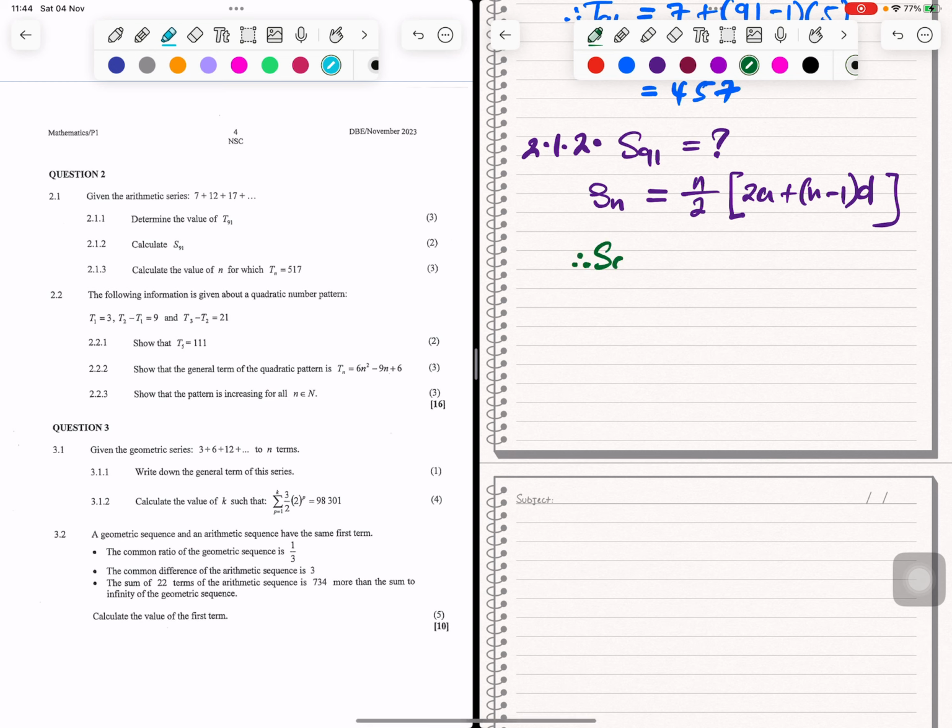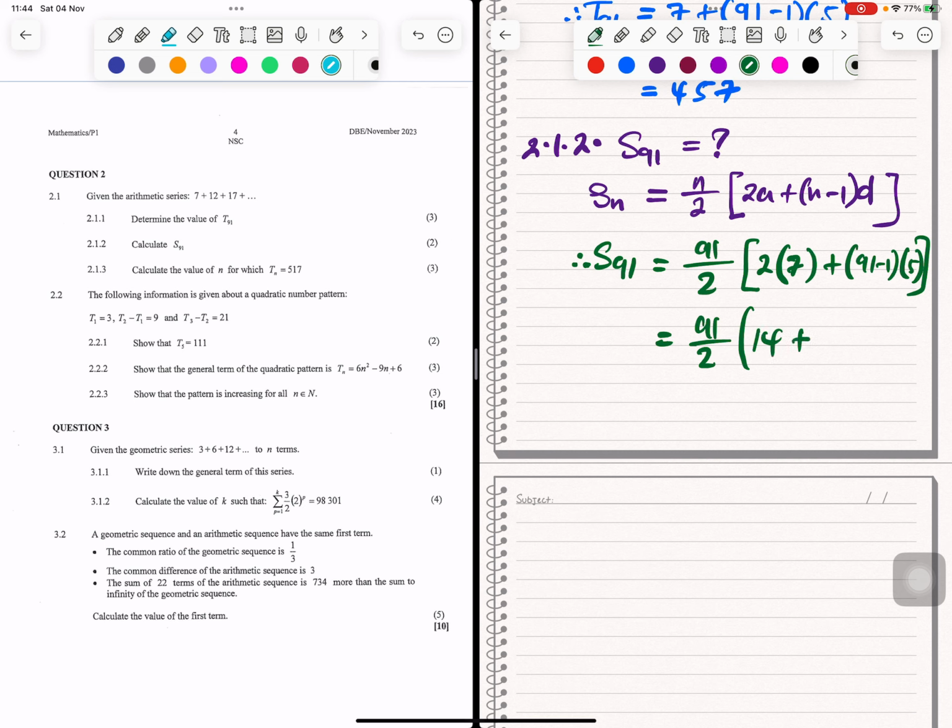So S91 equals n over 2, which is 91 over 2, into 2a, where a is 7, plus 91 minus 1 times 5 for the common difference. That is going to be 91 over 2 into 7 times 2, which is 14, plus 90 multiplied by 5, which gives 450.